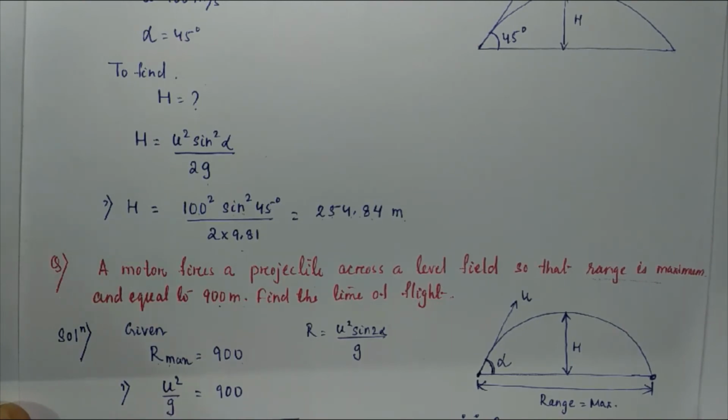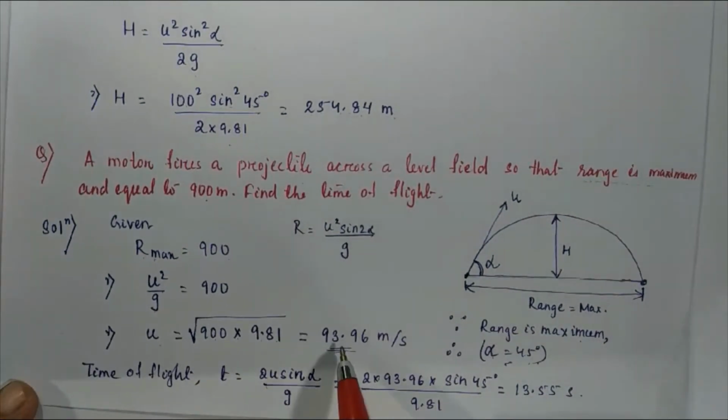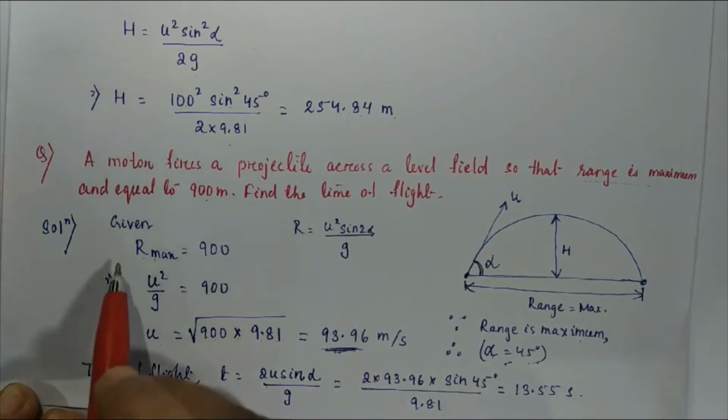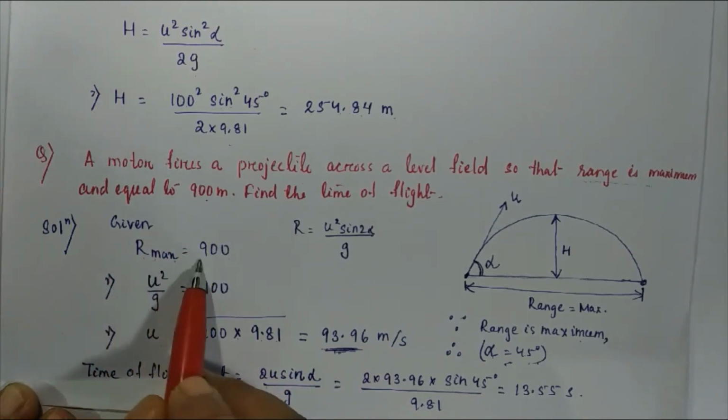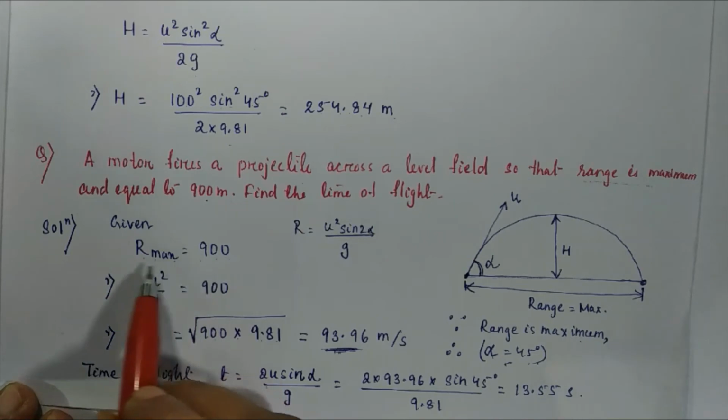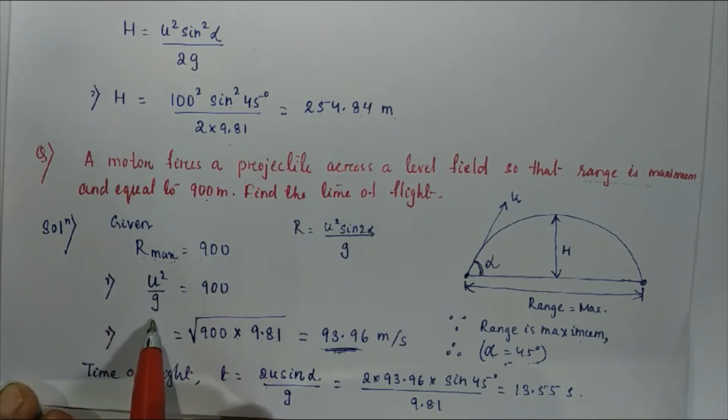So u is equal to root over of 900 into 9.81. This is the value of the velocity of projection. This is not given in the question, so we have to calculate it by considering the data R maximum equal to 900, because R maximum is equal to u square by g.